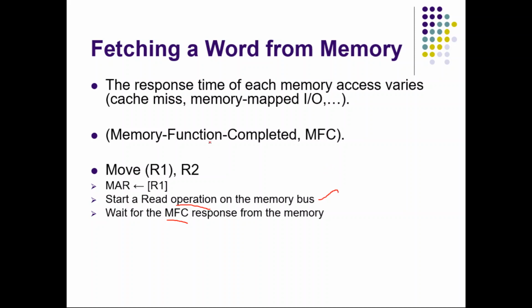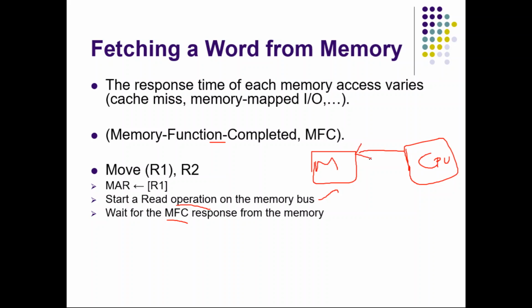This MFC will be given by the memory. If this is memory and this is the CPU, whenever the CPU wants to read something from the memory, it places a request to the memory.